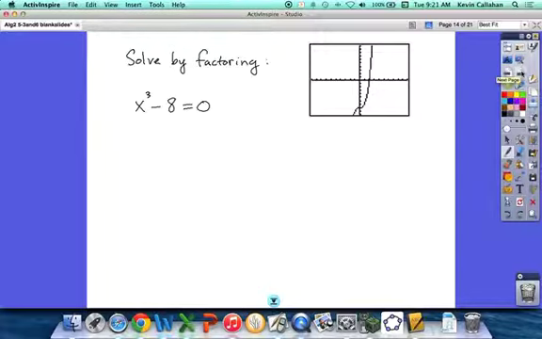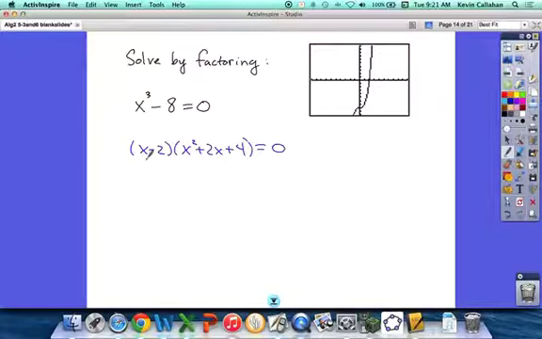Okay, so we're going to get this kind of problem, solved by factoring. You should look at it and say, this is going to be that kind of factoring, a difference of cubes, because I recognize 8 is a cube, 2 to the third. So I factor this. That is x minus 2 times x squared plus 2x plus 4 equals 0.